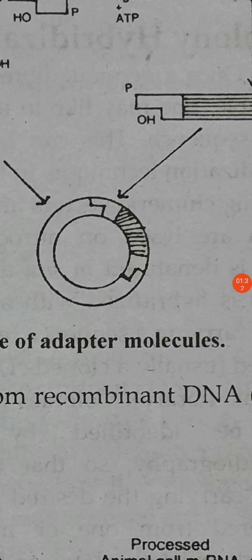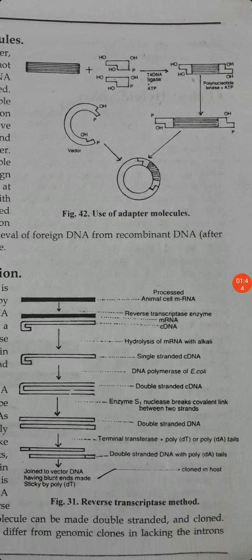Now again, suppose the dotted lines are the insulin gene and here the bacterial gene. They intermingle with the bacterial gene and start the production of insulin. This is the best example for your understanding. So with the use of these adapter molecules, you will find much better results in joining the foreign DNA which we want to join.